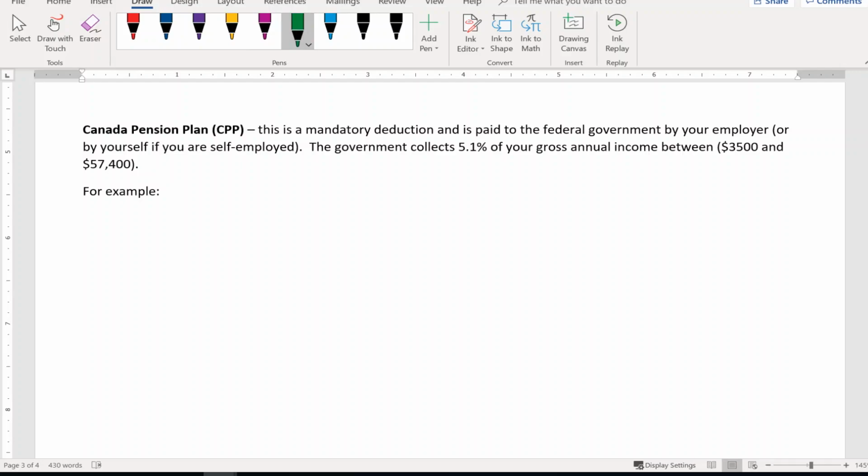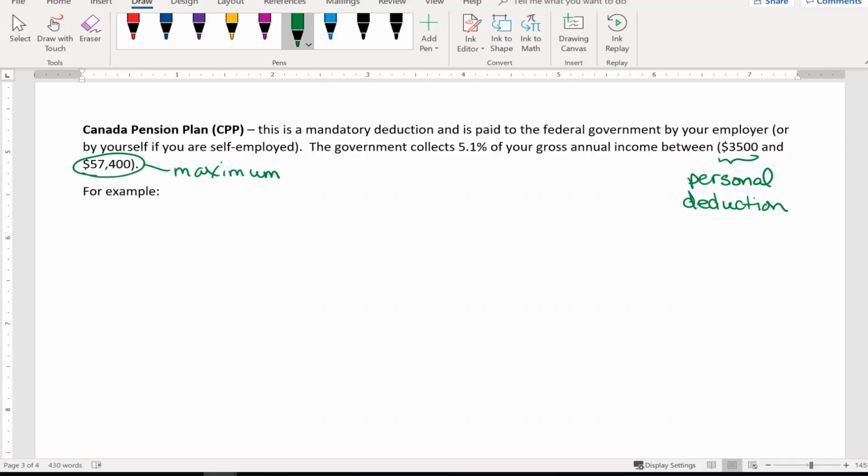The $3,500 is called your personal deduction, and that is deducted from your gross salary. And this amount is the cap, or the maximum, that it's based on.